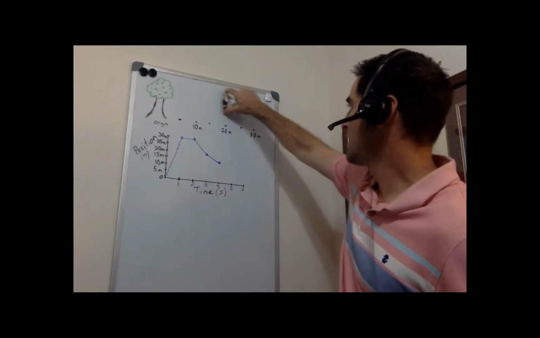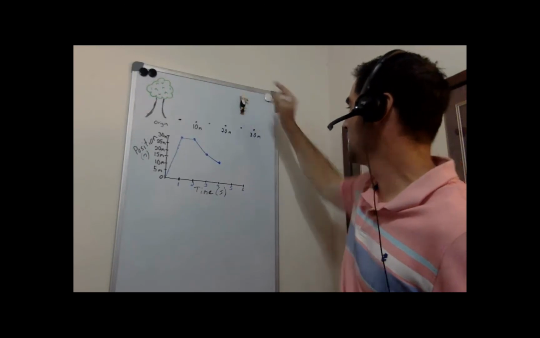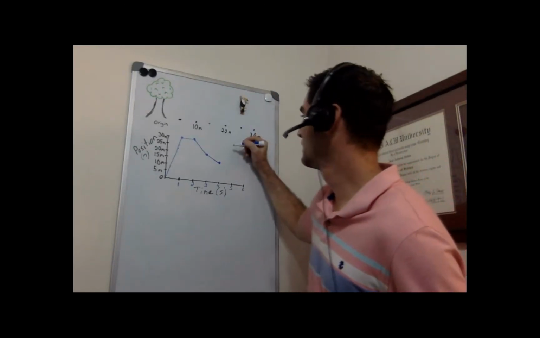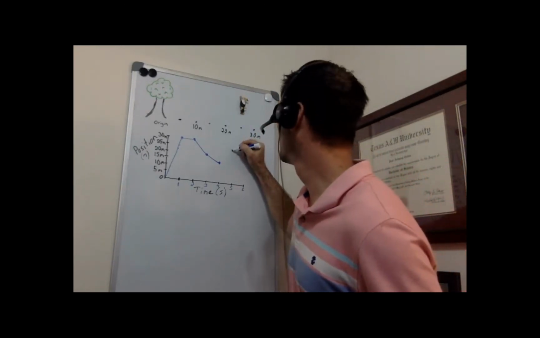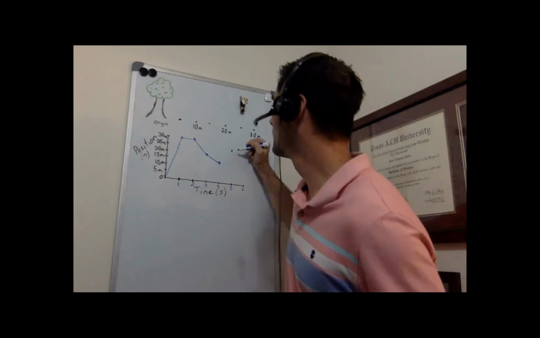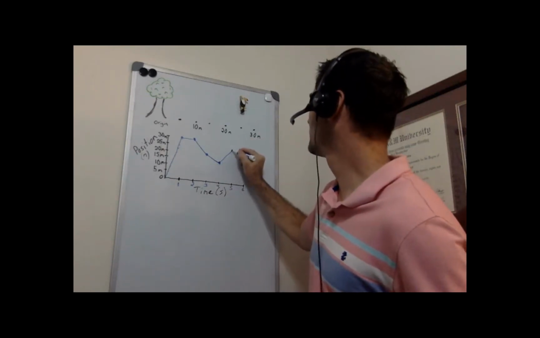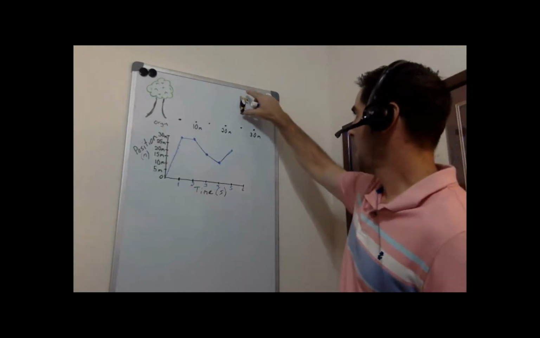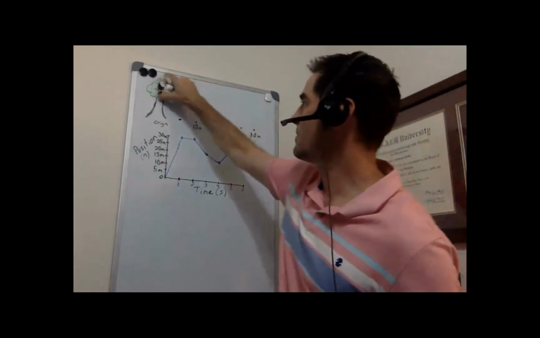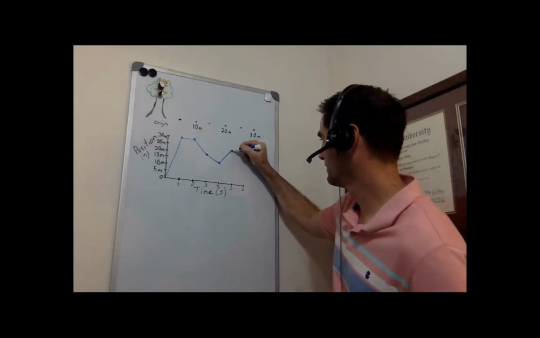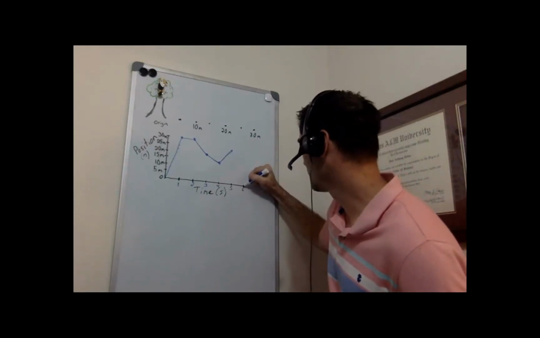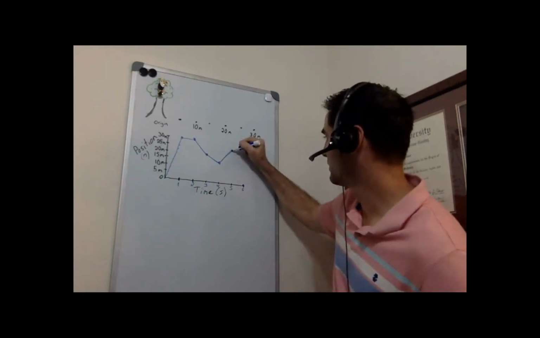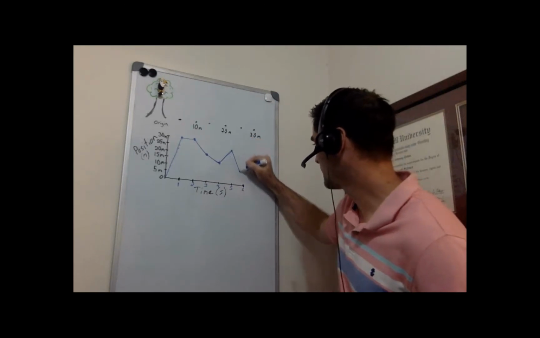Then he went this way and flew to 25 meters at second number 5. And then he flew all the way back home. So back to 0 after 6 seconds.